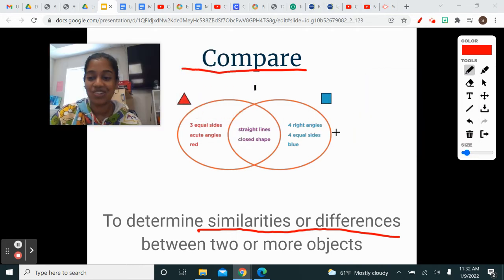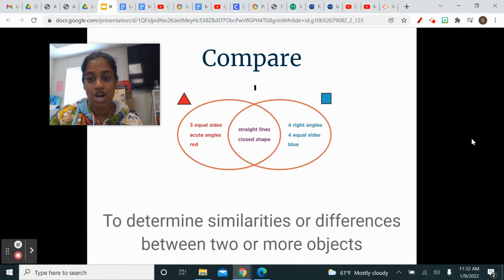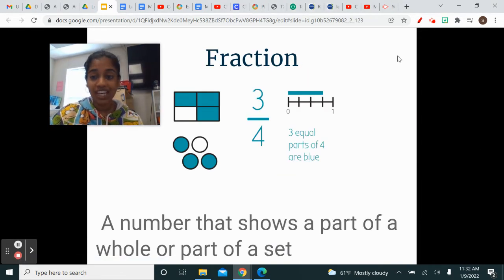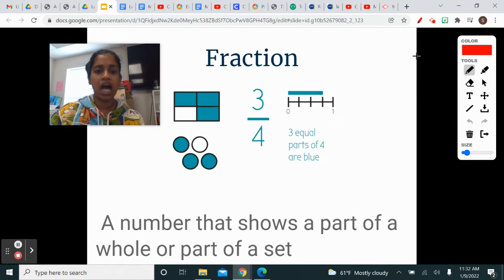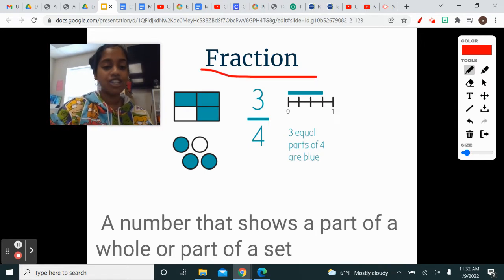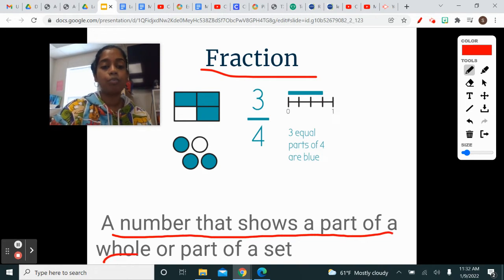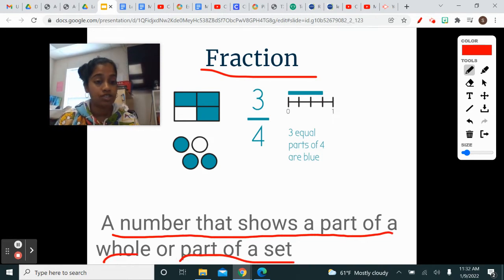All right, fantastic. So now let's go on to our next word. Our next word is fractions. This has been one that we've gone over a few times, but let's go over it again. A fraction is a number that shows a part of a whole or part of a set. A really important thing to remember about fractions is that it's not a whole thing, it's just a portion of it. So it's either a part of a set or it's part of a whole.